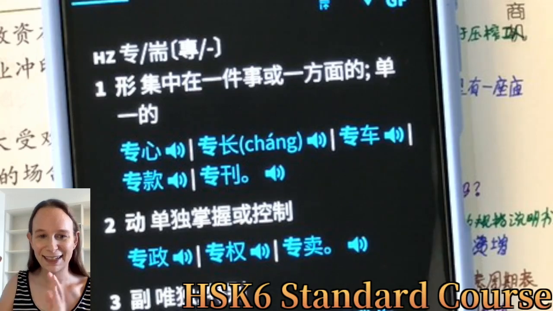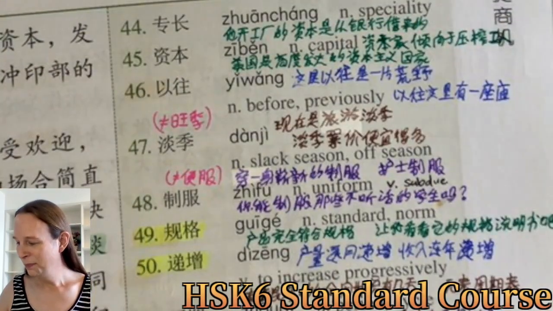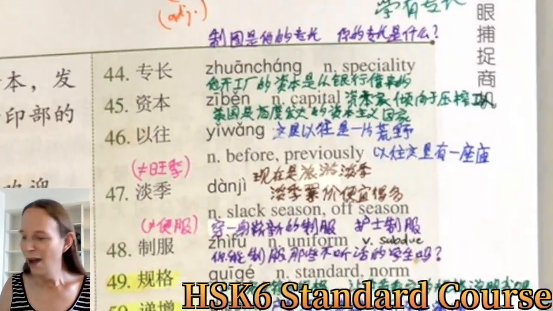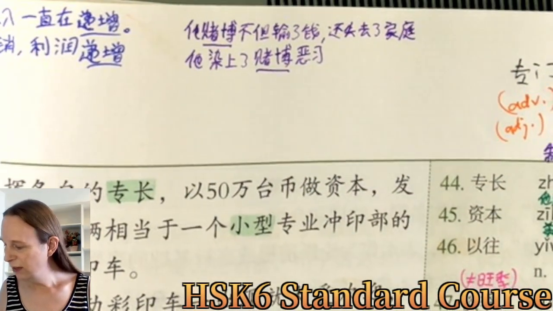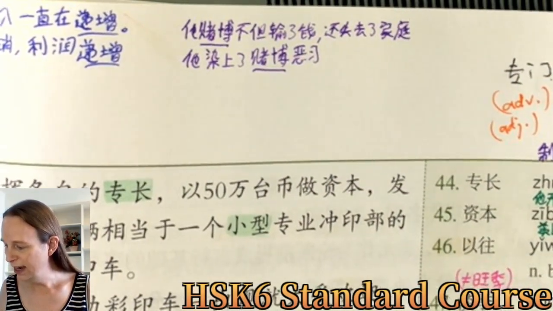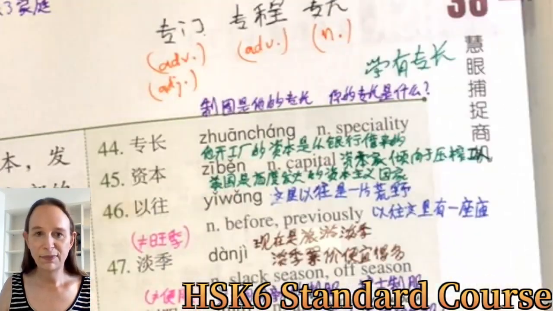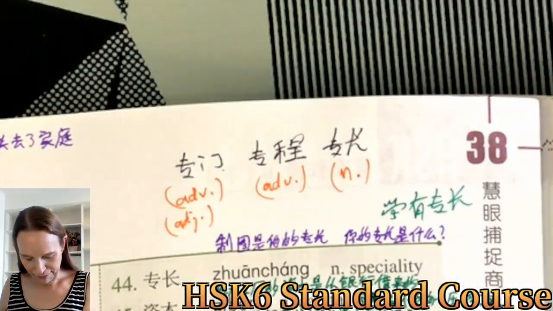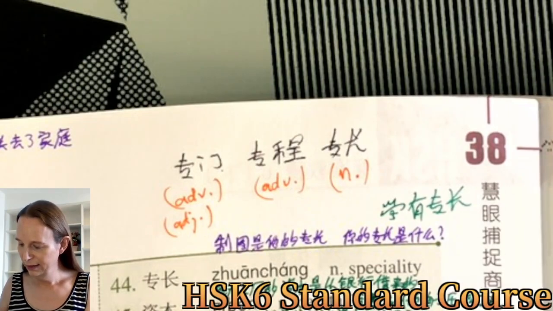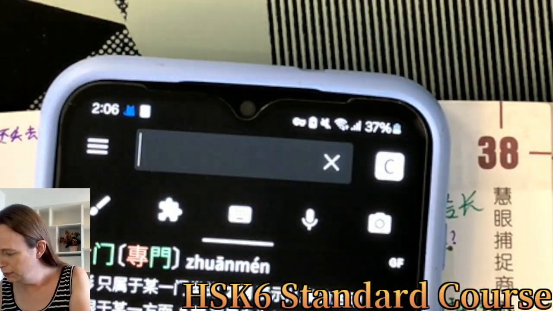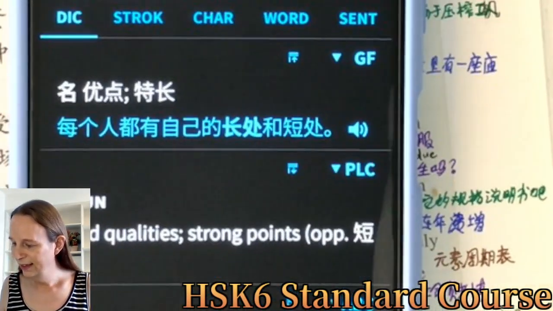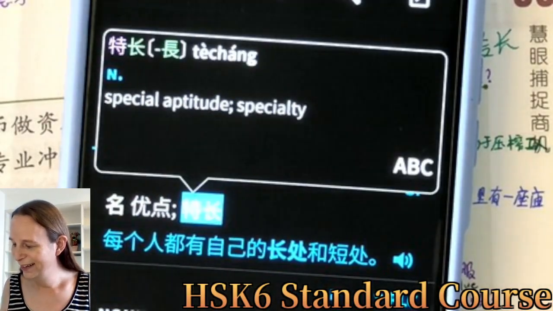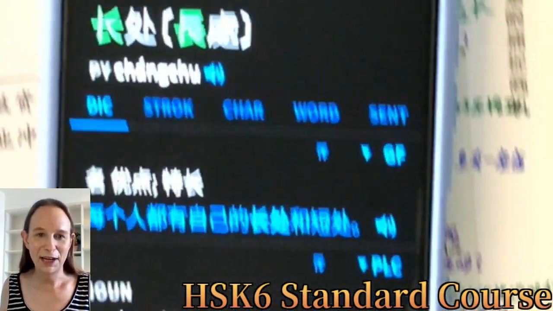Sorry, your 专长. I don't know. I don't use it very often. 发挥各自的专长. If we're talking about that, I would say 长处. 特长. I just use 长处.